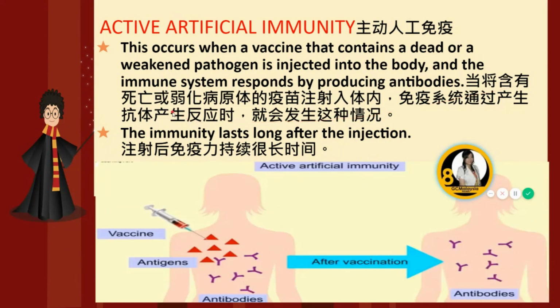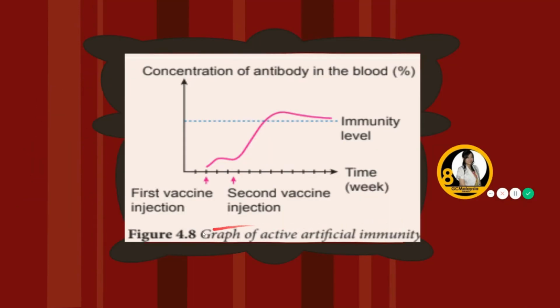The immunity lasts long after the injection. So this time we get immunity by injecting a vaccine. Graph of active artificial immunity.